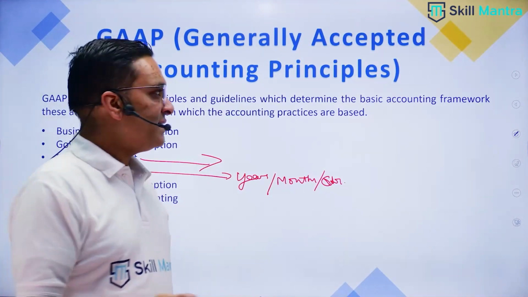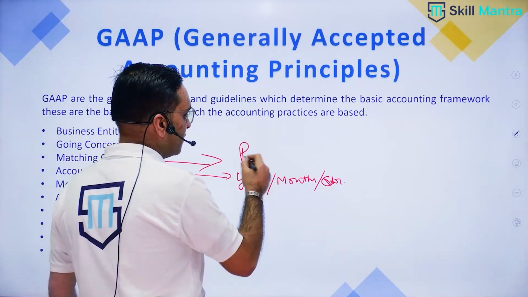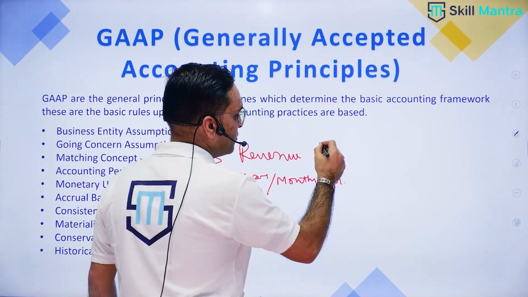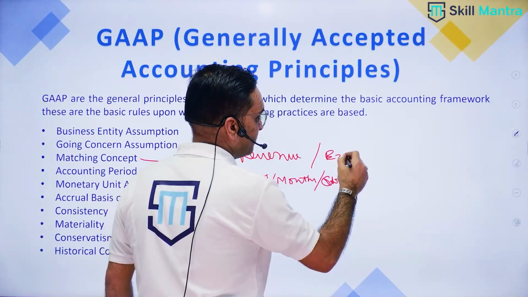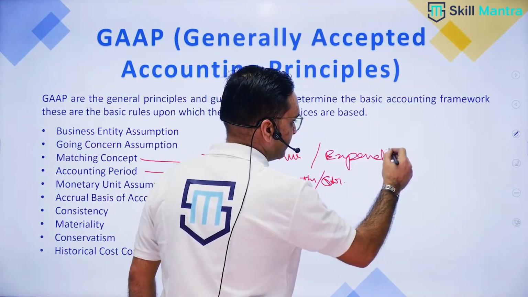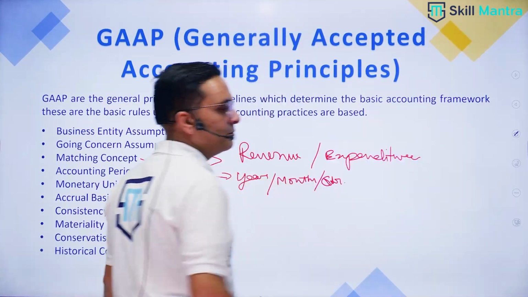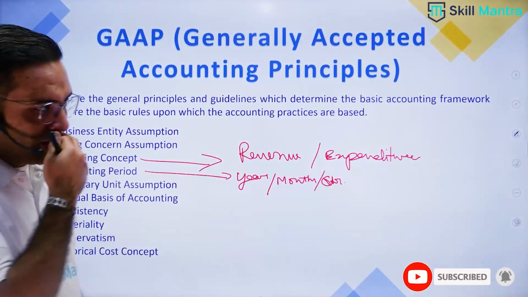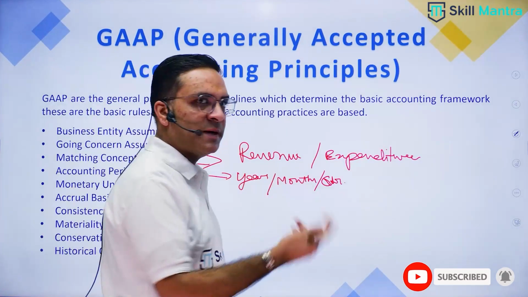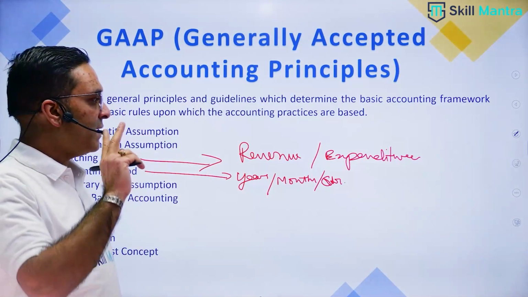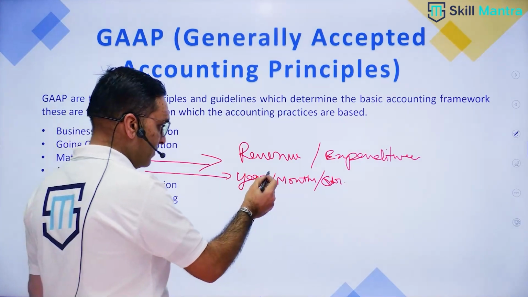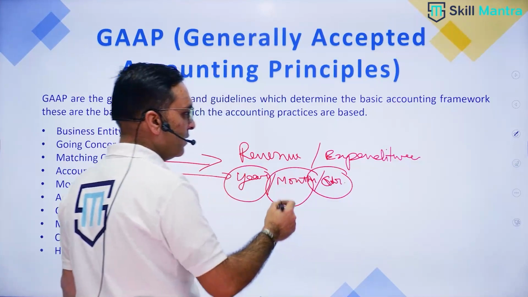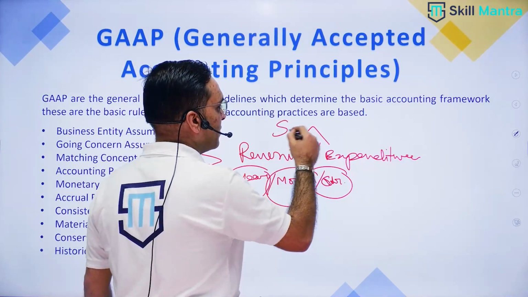Okay? We say you earn revenue and you spend, which is known as expenditure. So the expenditures and revenues for the same accounting period, let's say for the same month, year or quarter, have to be recorded in the same accounting period.